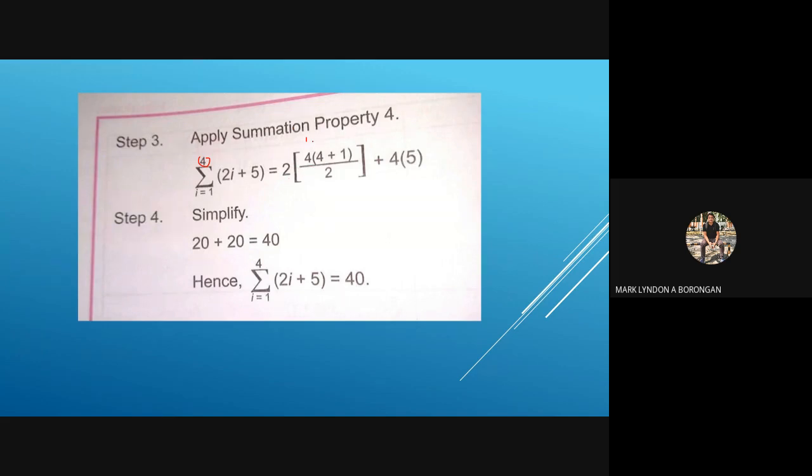Simplify it directly and you'll get the answer. 4 plus 1 is 5, then times 4, and the 2 cancels out. So 4 times 5 is 20, 4 times 5 is 20, add them both, you'll get 40.